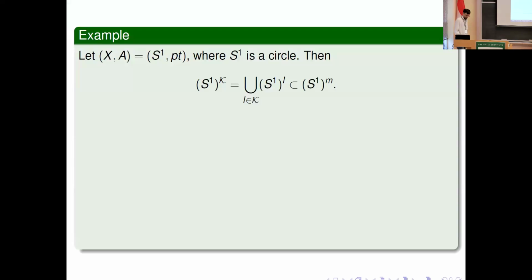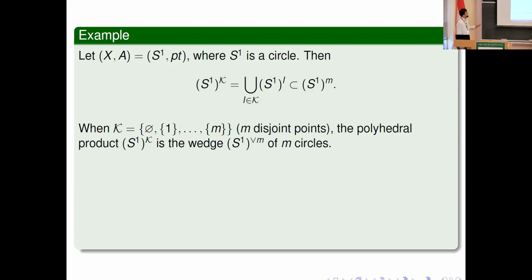We have an example. Let (X, A) be (S^1, point), where S^1 is the circle. Then the S^1 K-polyhedral product is a union like this. This is a subset of the m-torus. When K is m disjoint points, the polyhedral product (S^1)^K is the wedge of m circles.